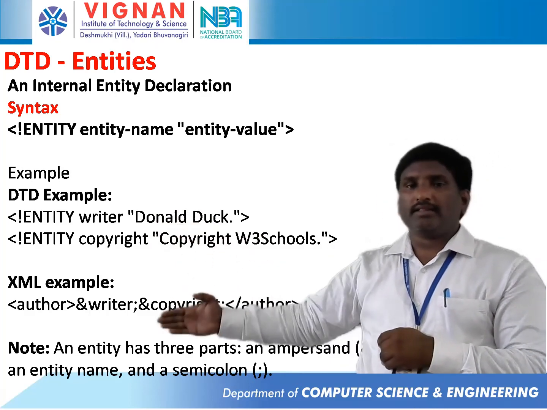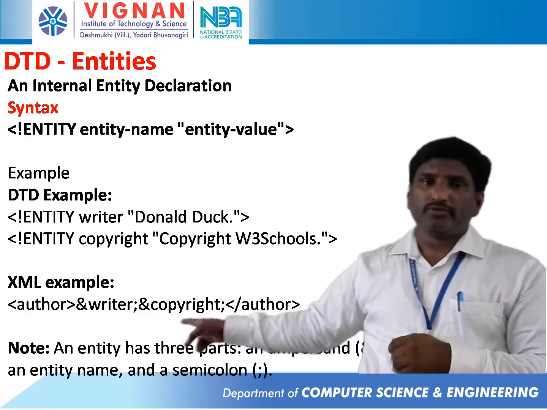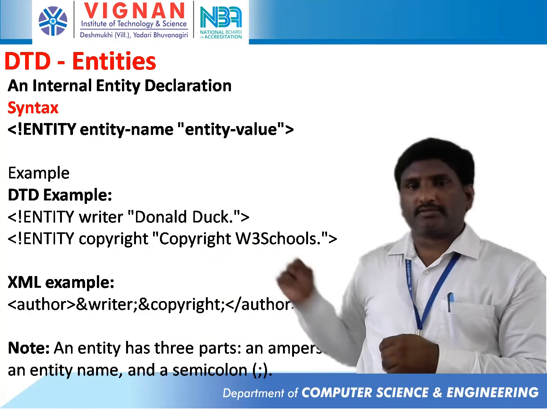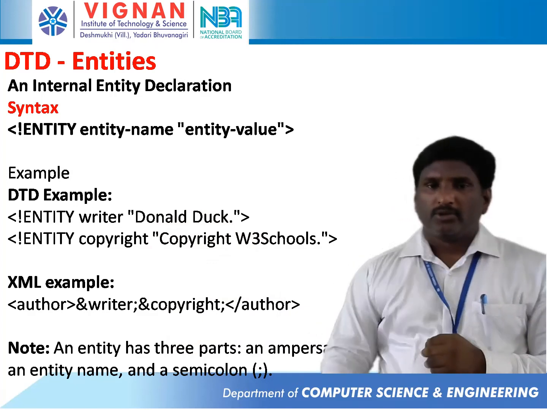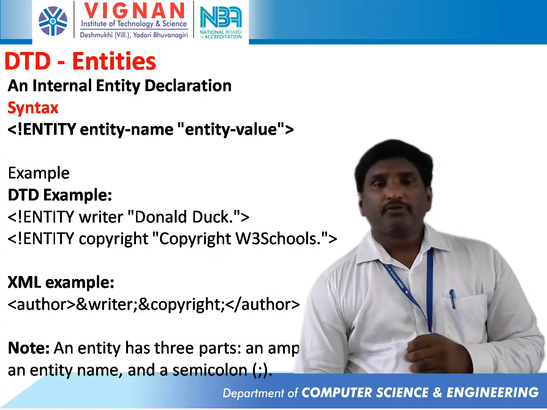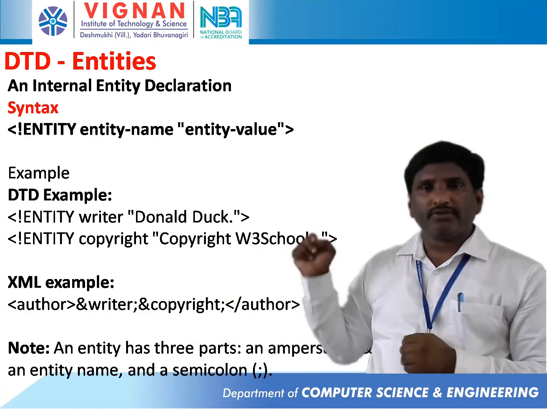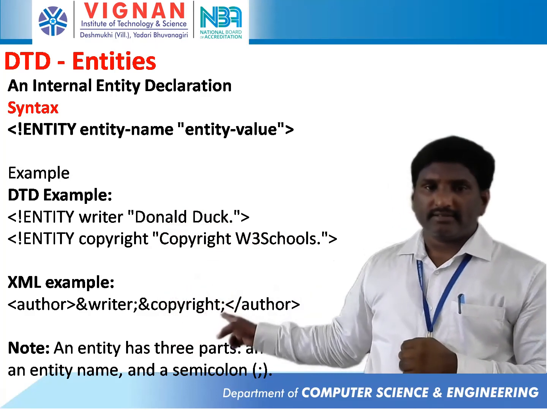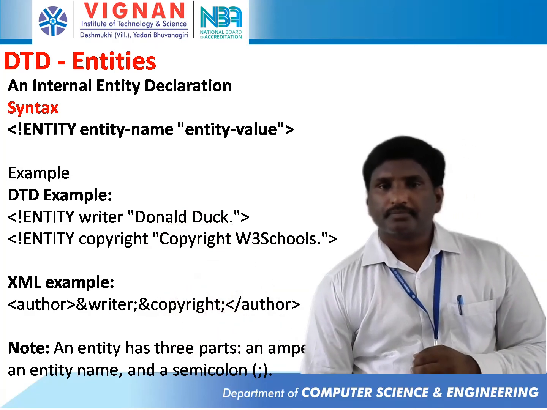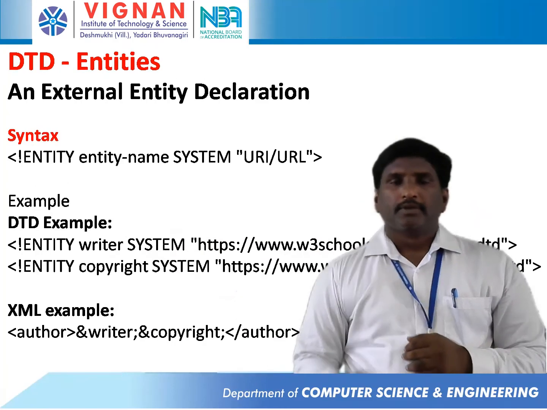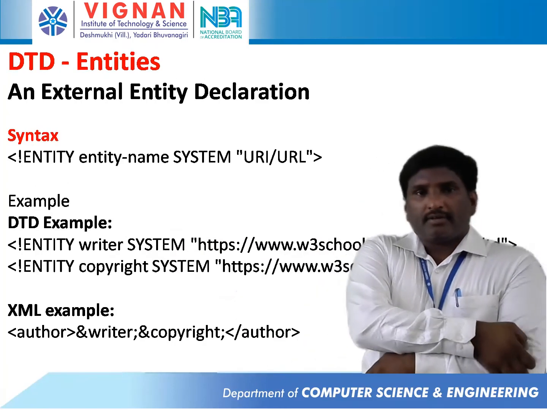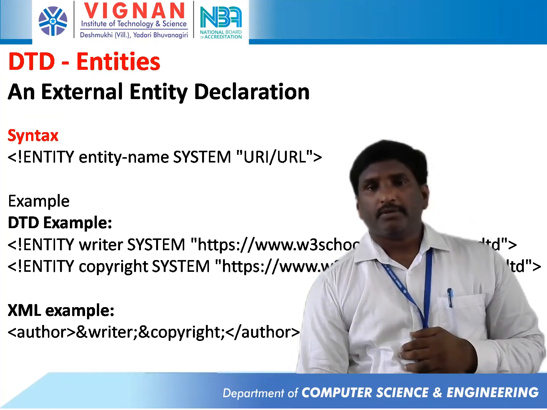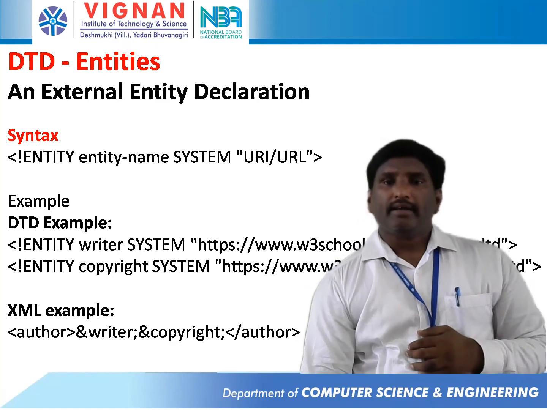So in the example, we use the same thing like this, instead of writing the double quotes. Keep in mind that while using an entity, you should have an ampersand, the entity name, and a semicolon. Then the external entity: you specify the entity name, SYSTEM, and the URL.